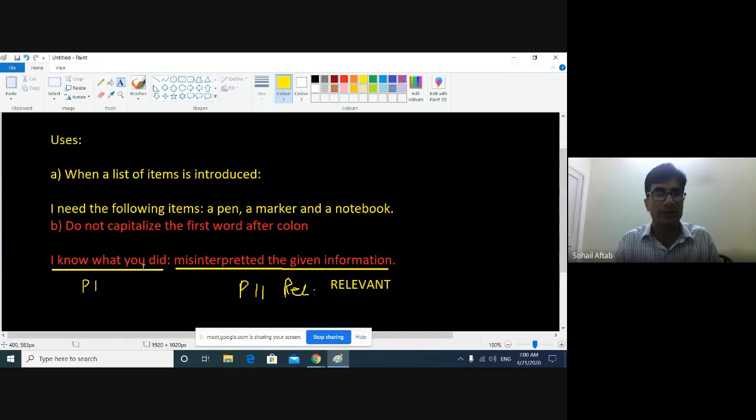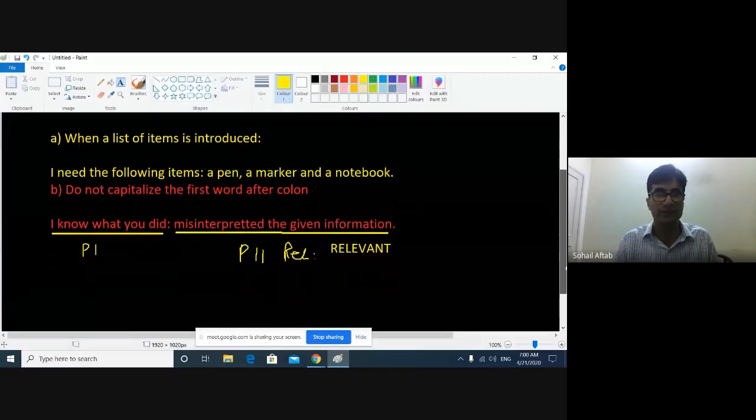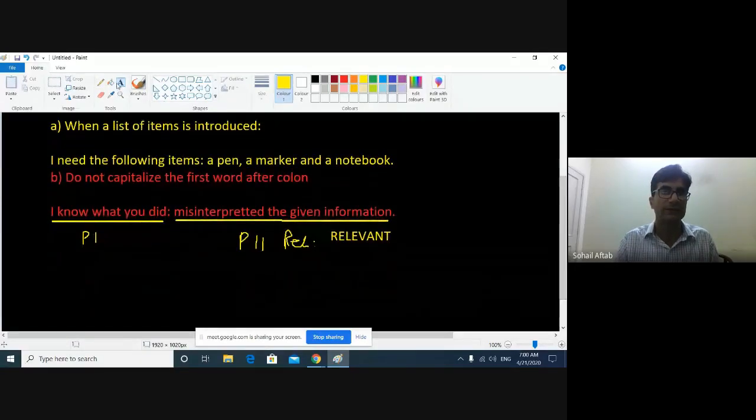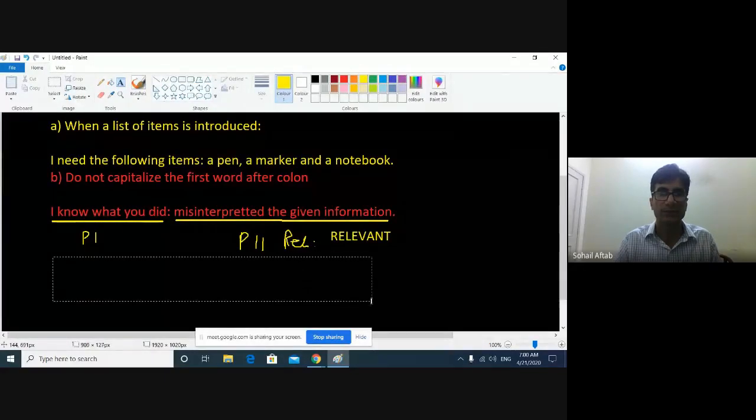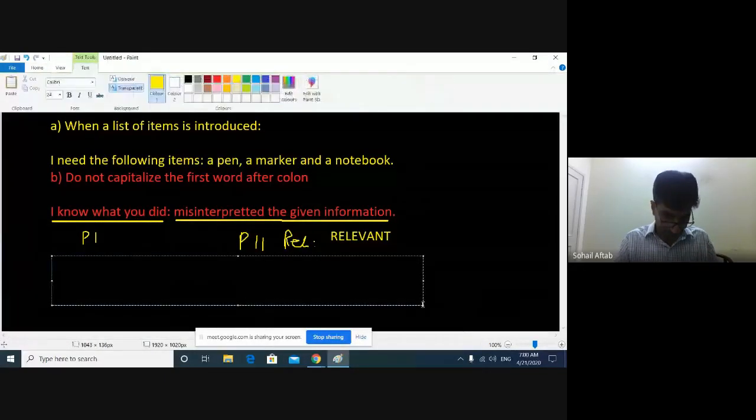The second part explains the first part, and therefore I would call them relevant. Okay. In cases when you use the first part of information, and then the second part of information flows right after it, you can place a colon in such a case. Let us write another rule for it. Two more to go.